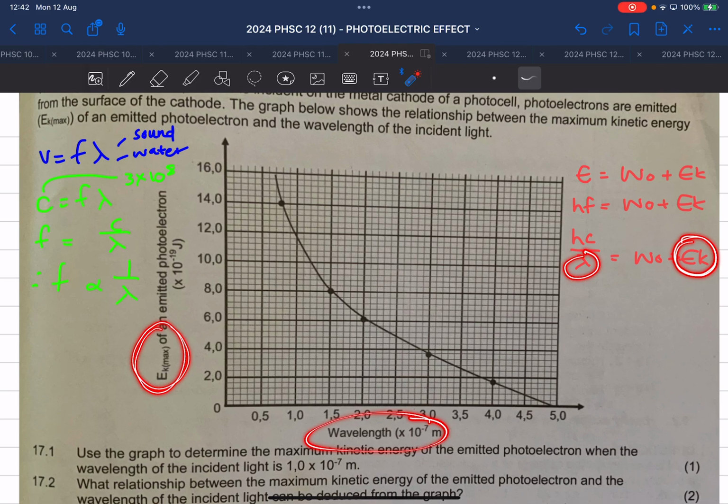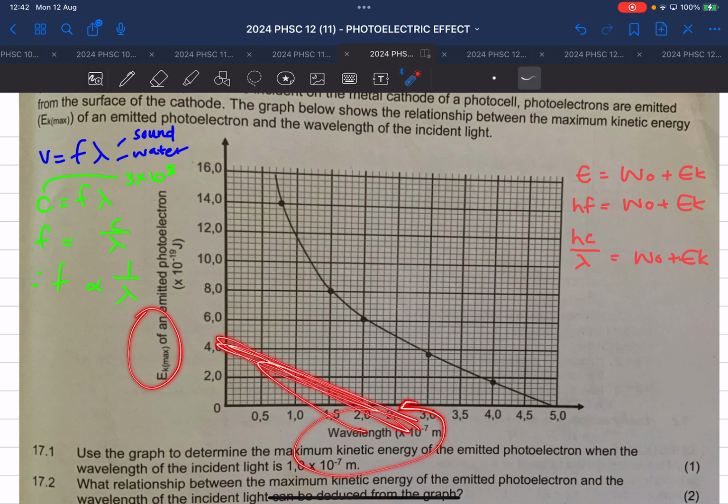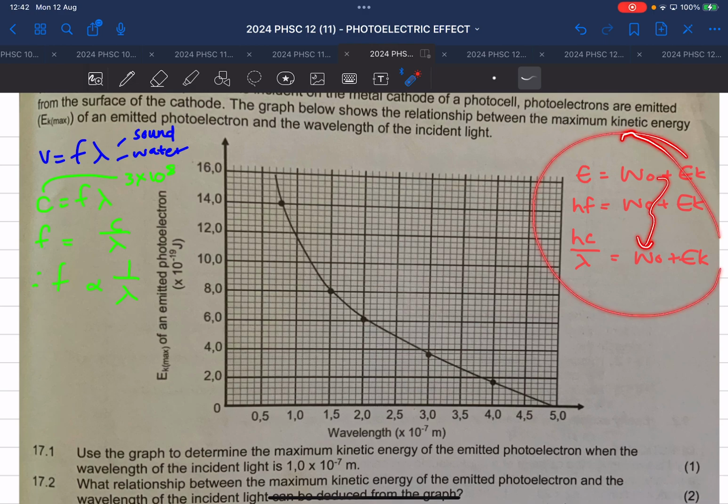So what did I do when I got the graph? I looked at what is on my axis. Then I said, is there a formula that connects these two things? There should be. I went to my formula that is with this chapter, and I wrote it down so that I see the thing on the axis. Now I can compare the two with one another. I see this is below the fraction, this is on the top of the fraction.